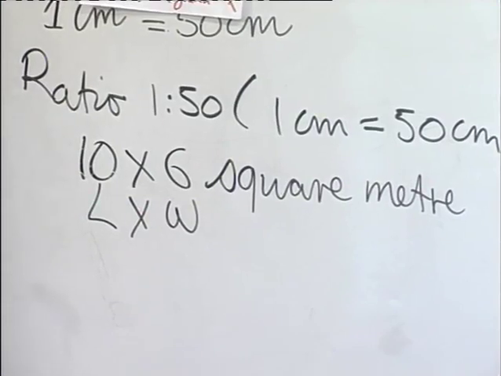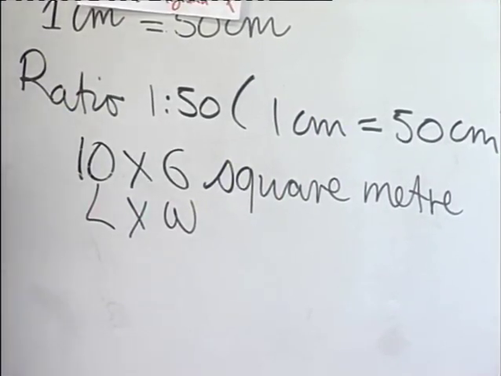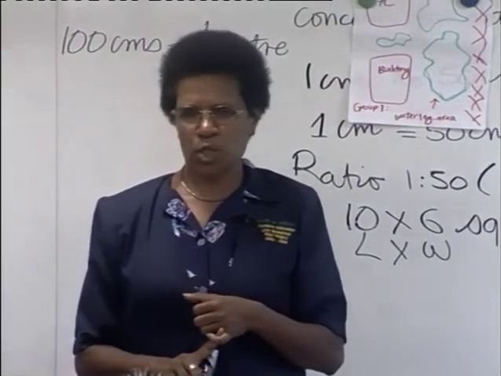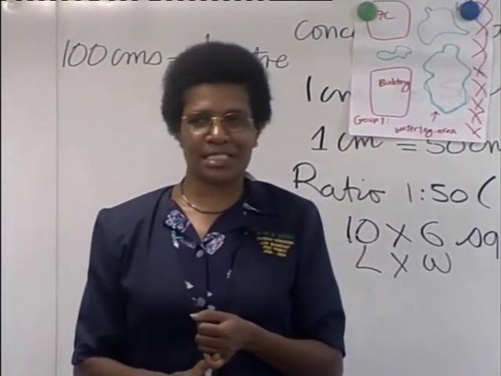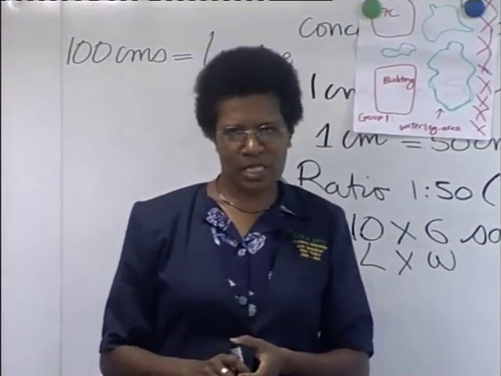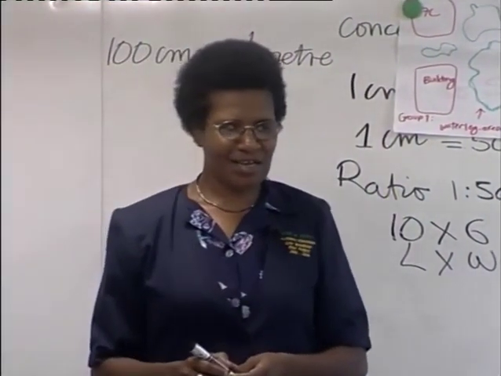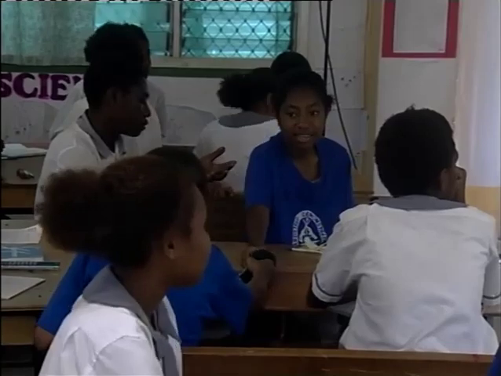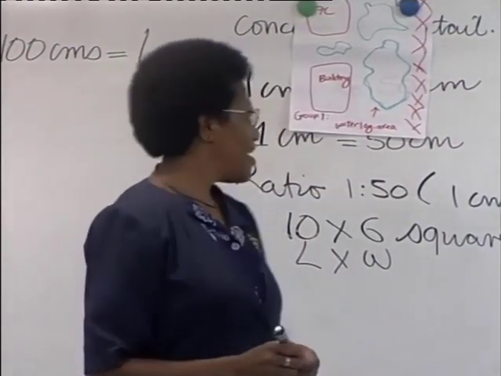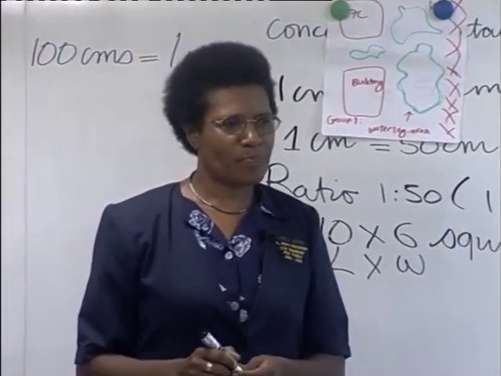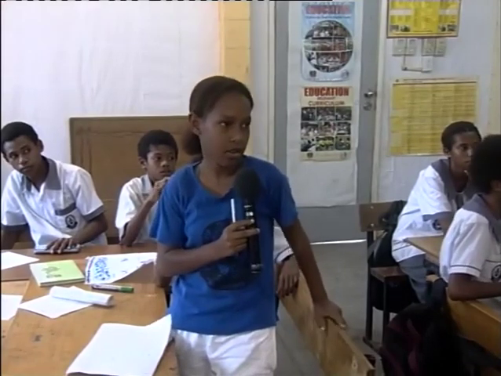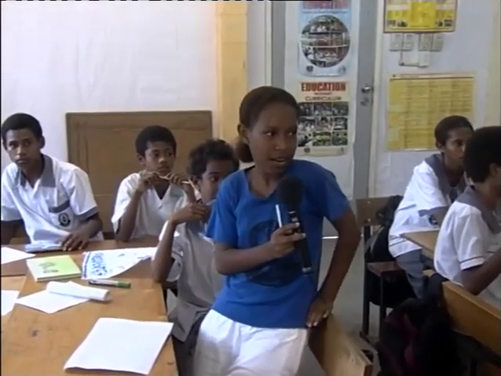So when we convert that 10 meters to centimeters, how many centimeters is that going to be? Yes, Brendan? 600. We'll try. Hayano? 6,000 centimeters. Good try.